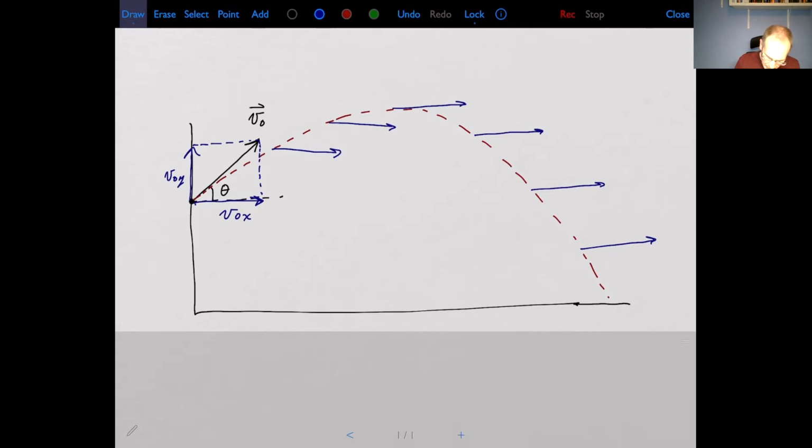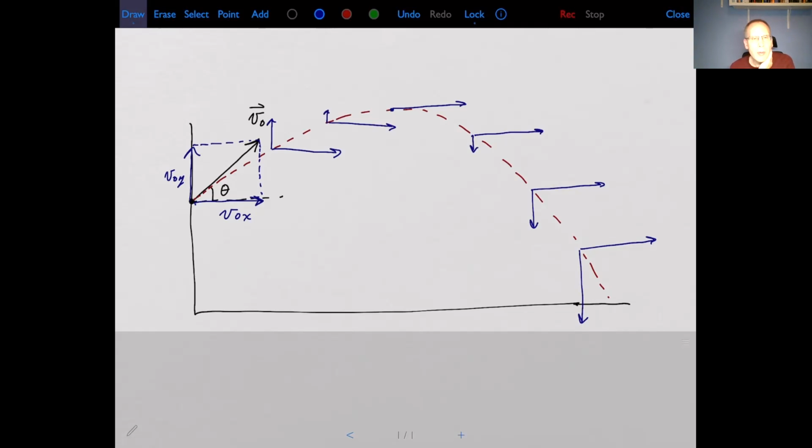Initially I have this large positive velocity in the y. Then here it'll still be positive, but smaller. Here, still positive, but smaller. At the very peak, there is no y velocity. It's 0, just for an instant. It's all in the x. And then after the peak, it's small but negative, then more negative, and so on.